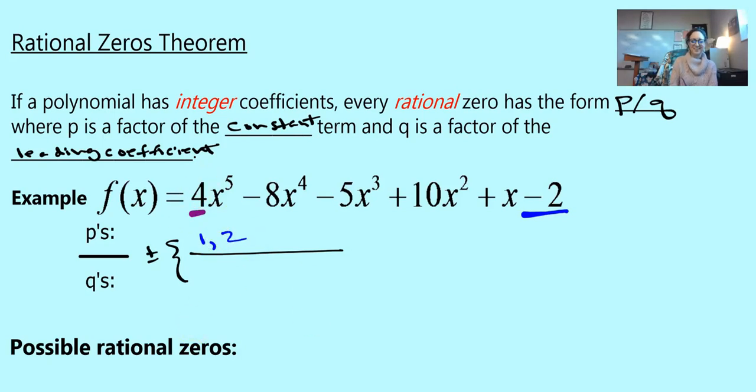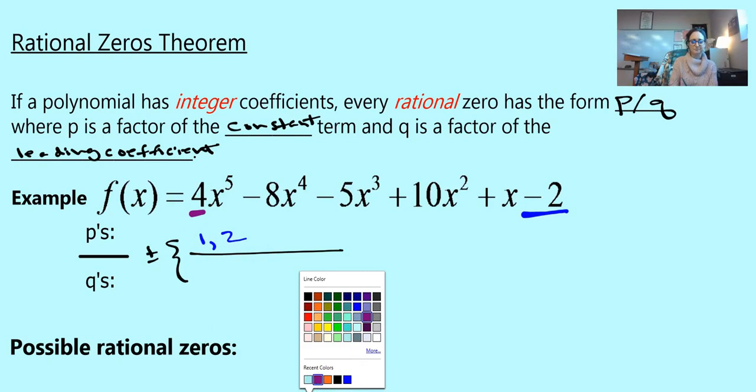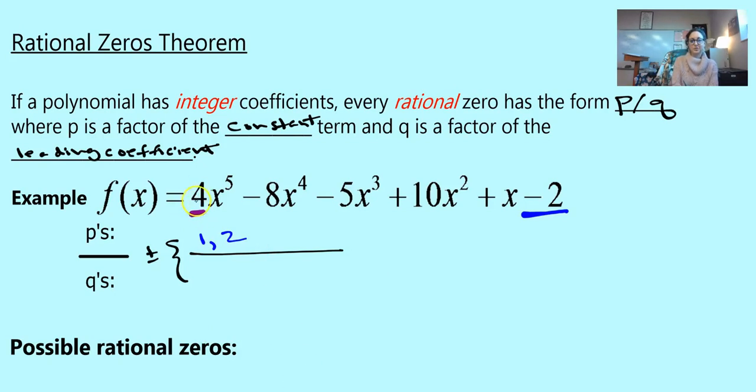So now let's look at 4. Try to write all the values that divide evenly into 4. What are your factors? Well, certainly 1 and 2 and 4, right? So what we're going to do is take every possible blue piece over every possible purple piece.